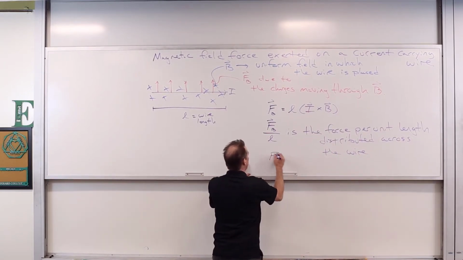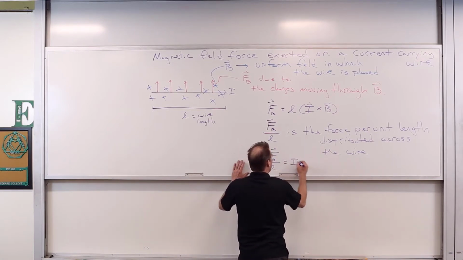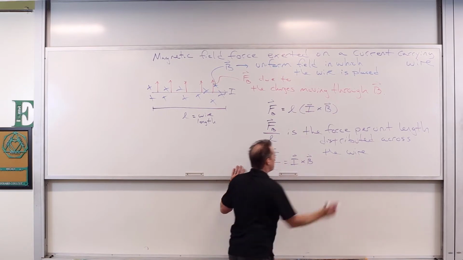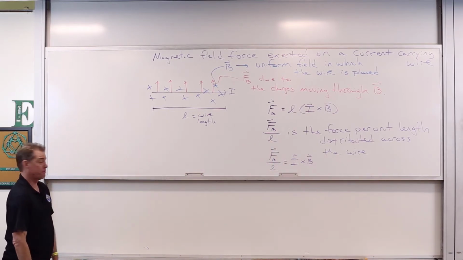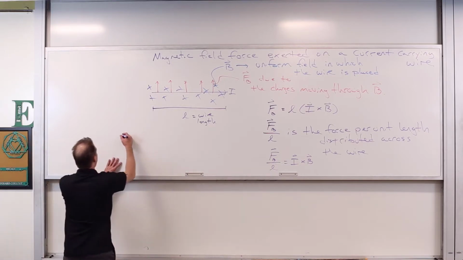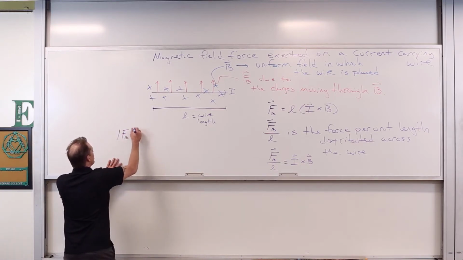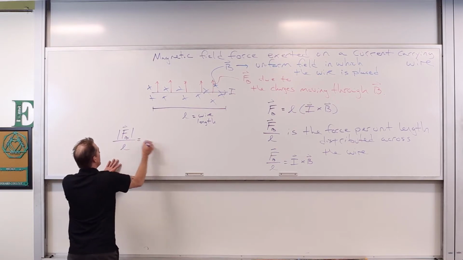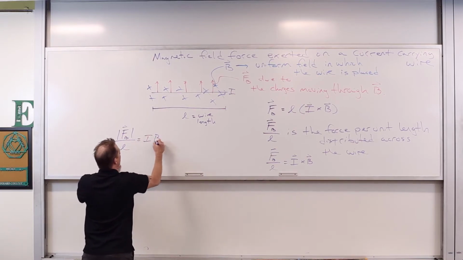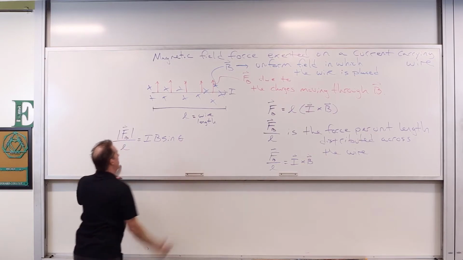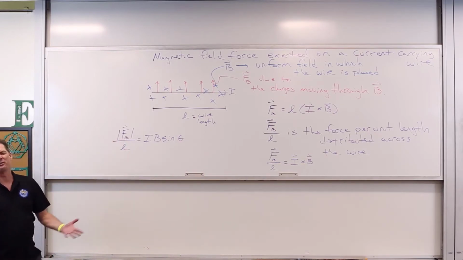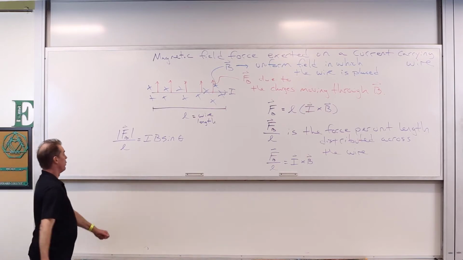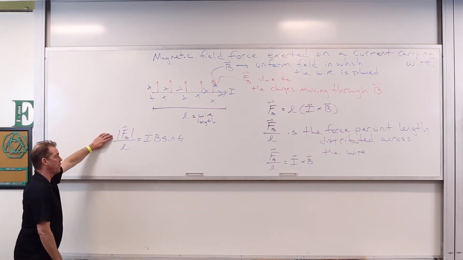And we can write then that F hat sub B divided by L is then equal to I hat cross B hat. It's pretty much that. We just wanted to talk about the magnitude. The magnitude of the force per unit length is just going to be IB times the sine of theta. And then we can use the right-hand rule to determine the directionality, or use cross-product relationships to determine the directionality of the subsequent force itself.